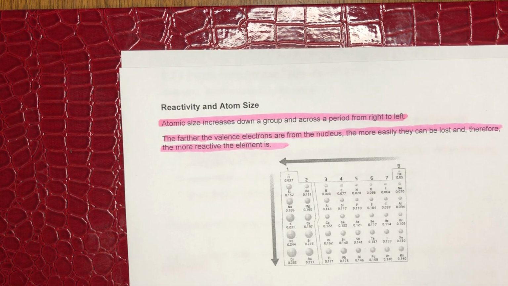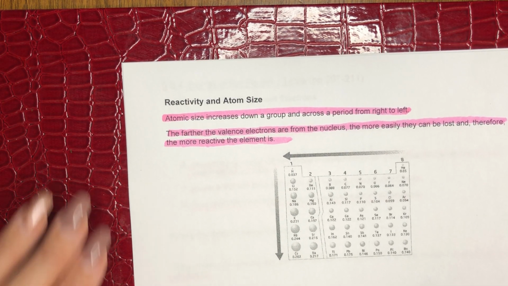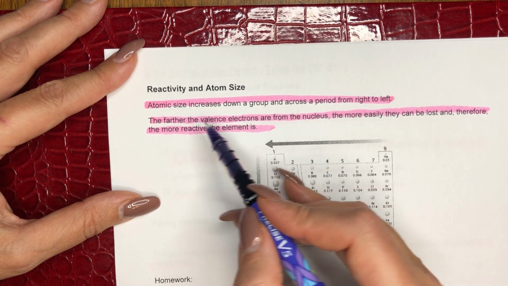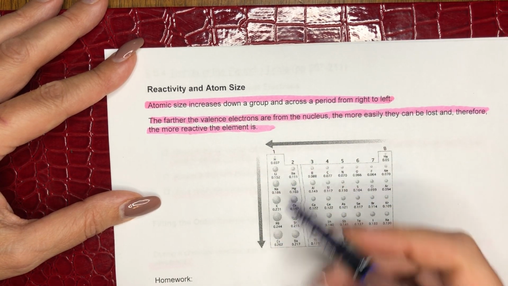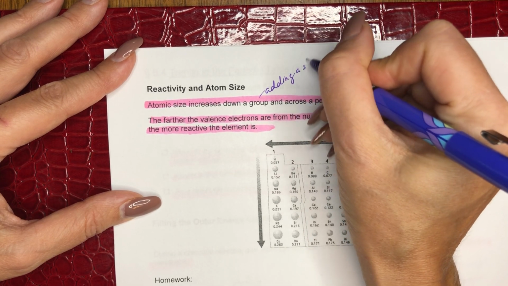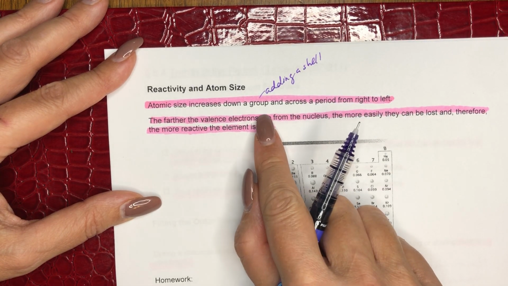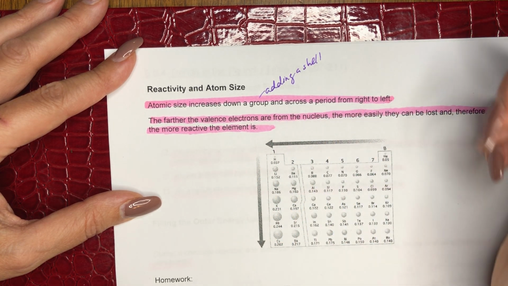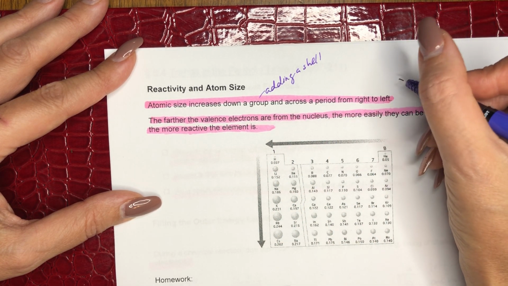Okay, so now let's relate that to reactivity. So as we said, atom size increases down a group. By adding the shell, it's getting bigger.